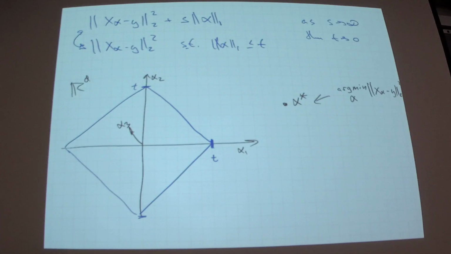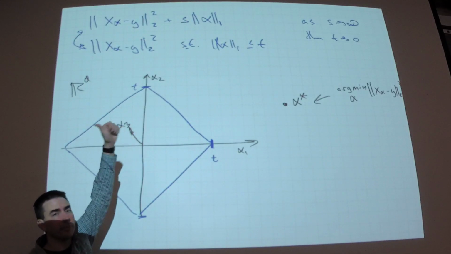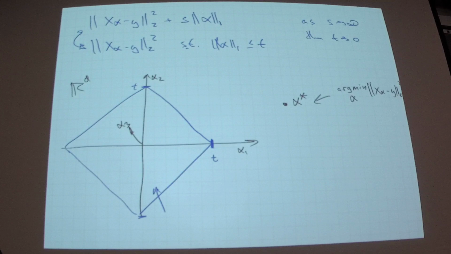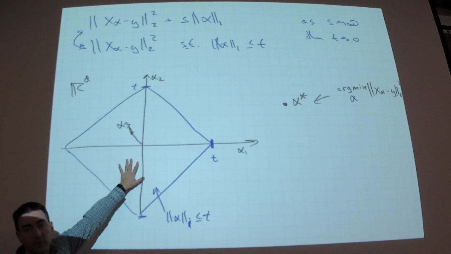Kind of looks like this. In the 3rd coordinate, it kind of comes out. It's this rhombus, diamond sort of shape. So inside of here is going to be the L1 norm of alpha less than or equal to t. That's this region inside of this diamondy shape here.